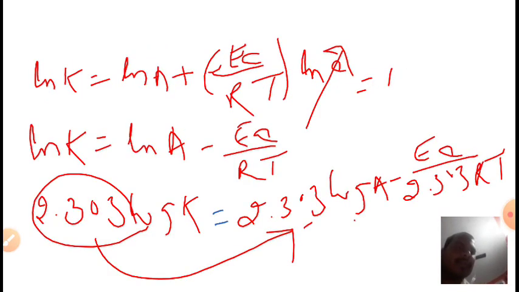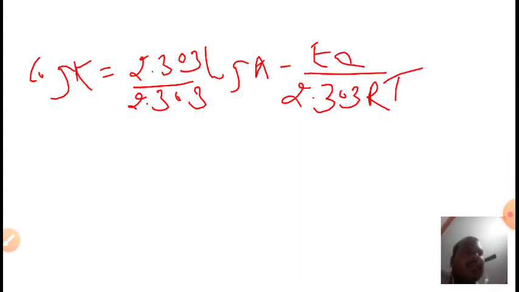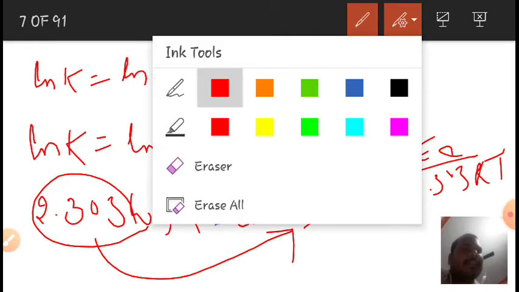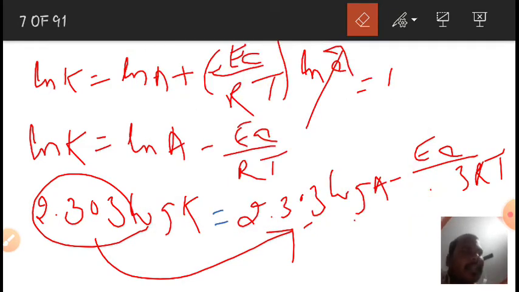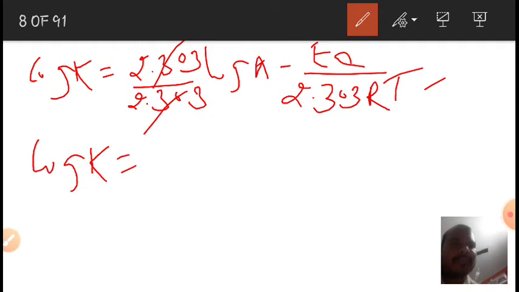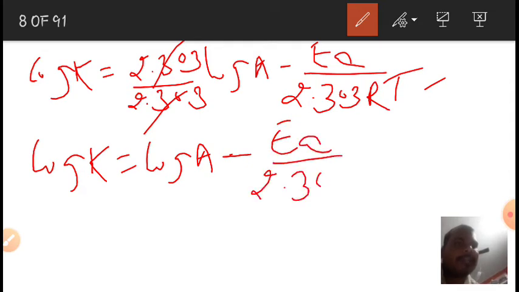Sorry, I have written 2.303 here, it will come in the next step. So it gets cancelled, and log k is equal to log A minus Ea by 2.303 RT. This is equation 2.